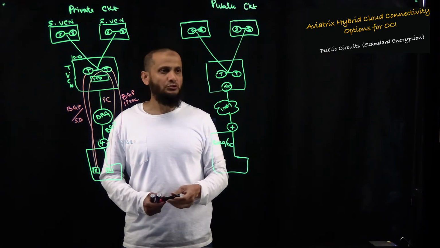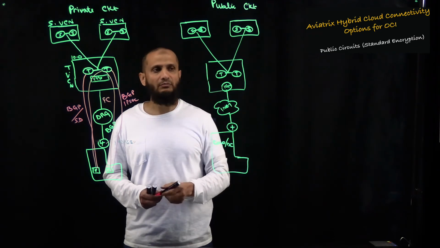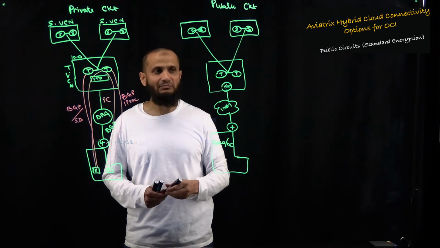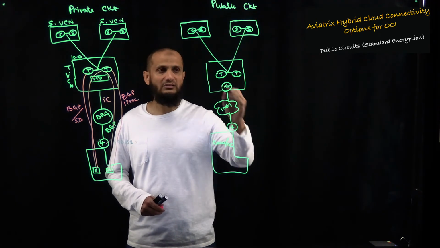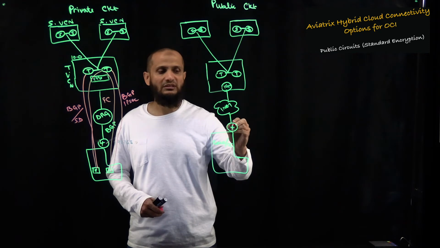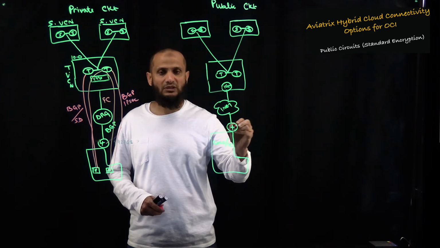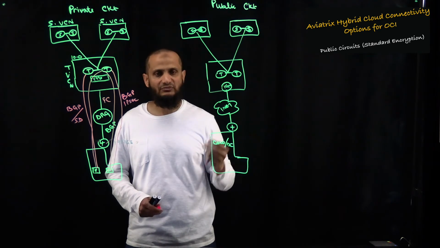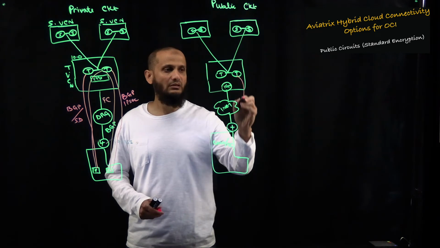All you need to build the IPsec connectivity from the Aviatrix Transit to the on-prem is the public IPs at this point. Since you have the public IPs on Aviatrix Transit gateways, HA, and then the primary one, you need the public IP on the WAN router as well. This could be 2 WAN routers for the simplicity's sake. I'm just drawing one, and typically they are 2 for redundancy purposes.